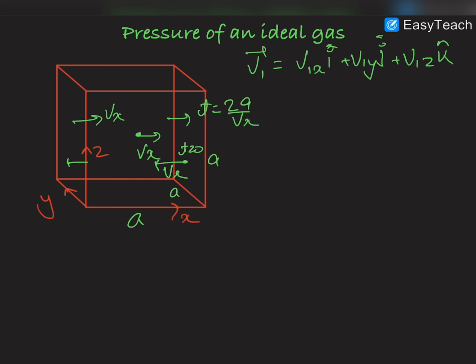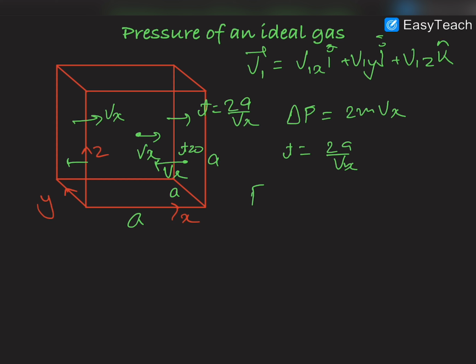If we wish to find the change in momentum first, we know that at time t equal to 0, the momentum was mvx in this direction, and at this time the momentum is mvx in the opposite direction. So the change in momentum will be 2mvx, and the time taken will be 2a by vx.